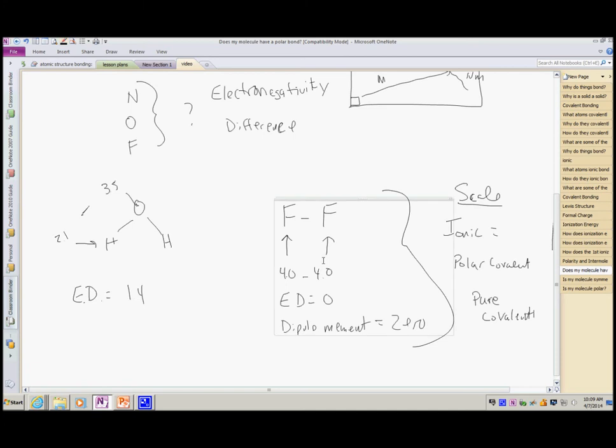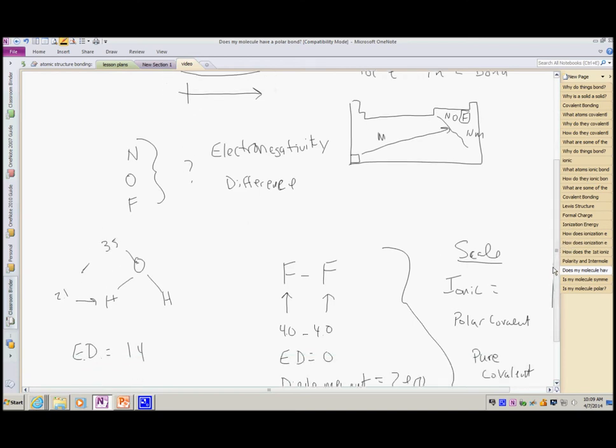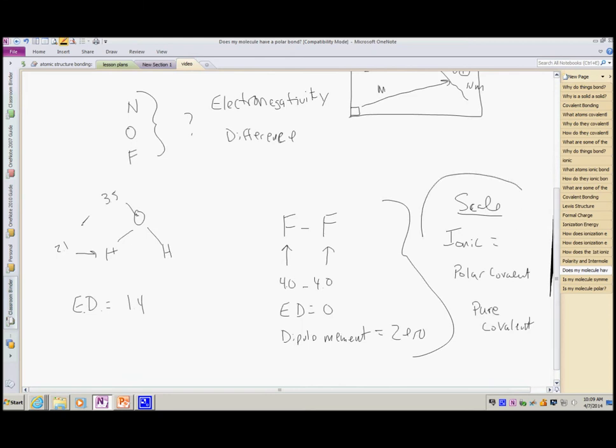If given the opportunity, you could get the individual electronegativities, subtract them, and apply them to this particular scale. Each book might have a slightly different value for what the electronegativity difference needs to be for ionic, or for polar covalent, meaning you have a polar bond. This is what we're looking for: a polar molecular substance, or a nonpolar compound.